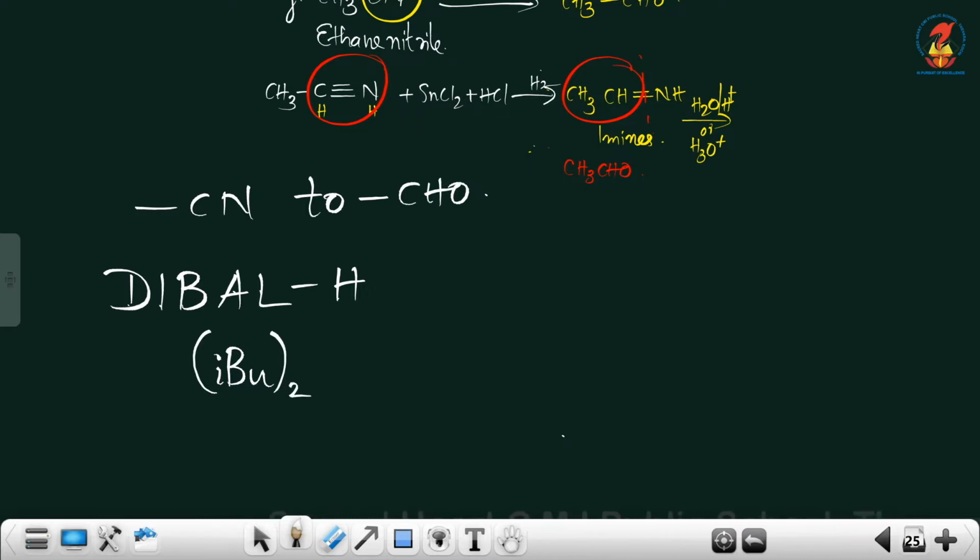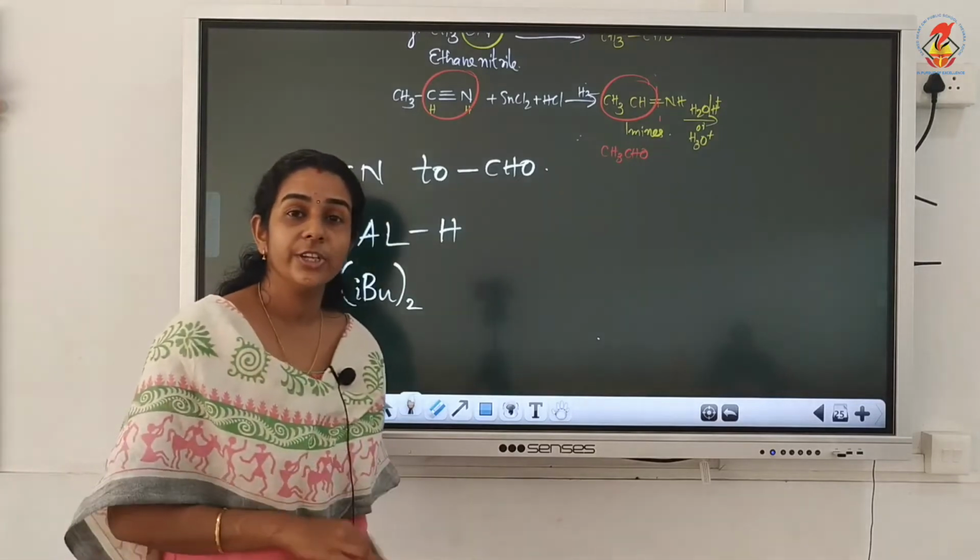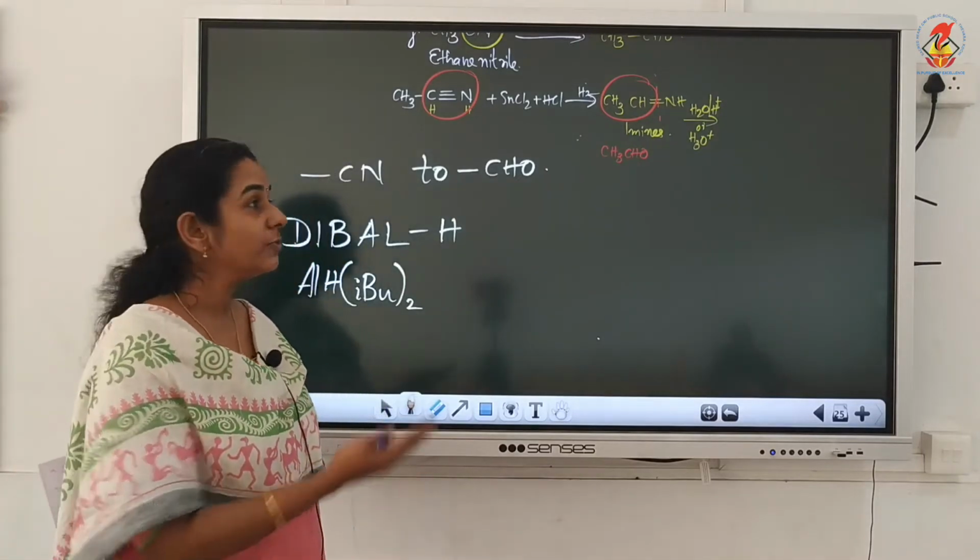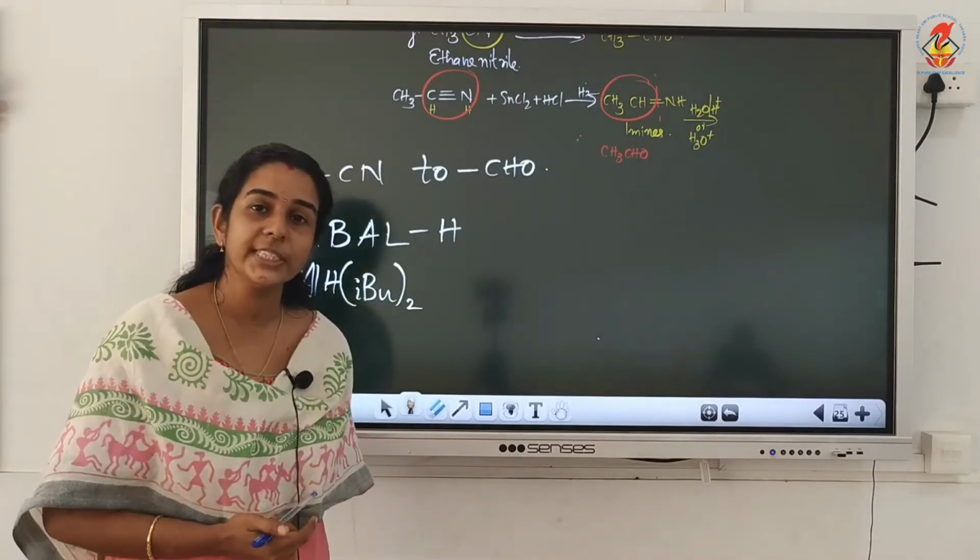Now, diisobutyl aluminium hydride. So this is another way of writing dibal-H. So this is another reagent which we can use for the conversion of CN to CHO.